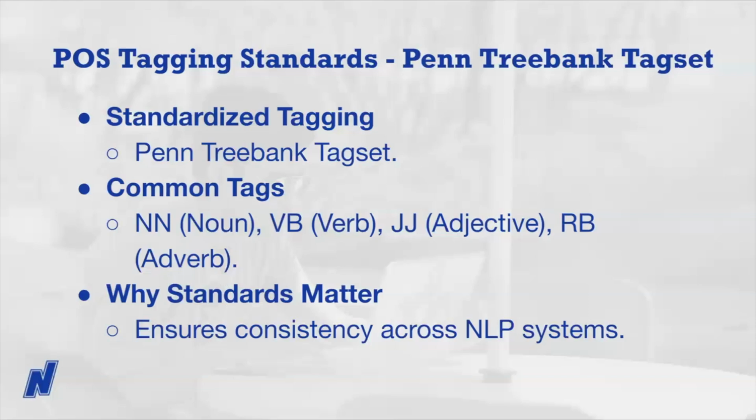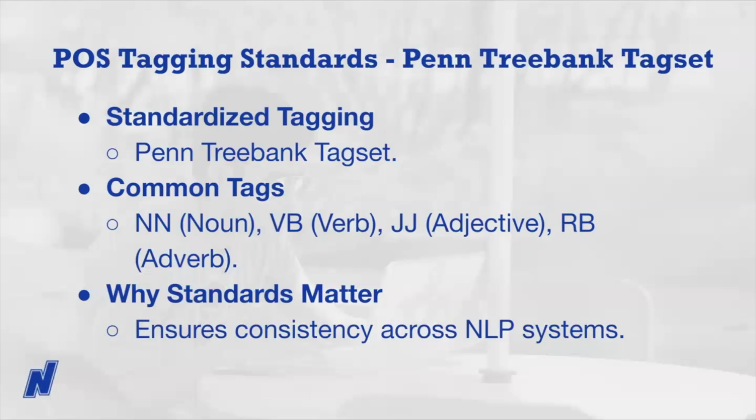So why is standardization so important, and why do we even care about it? Why does it matter? Standardizing ensures transparency across different NLP systems. Whether you're working on a chatbot, like we are, a search engine, or a machine translation tool, using a common POS tagset allows different models and systems to speak the same language. This makes it easier to integrate different tools, compare performances, and maintain compatibility when expanding your project to different areas.